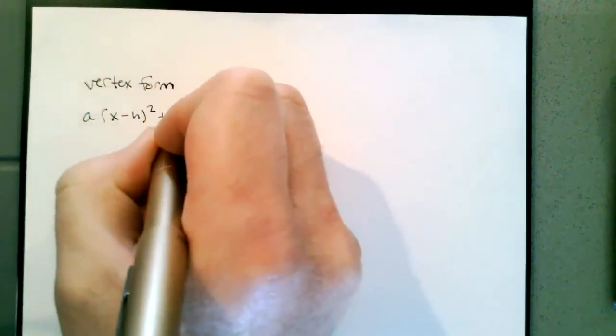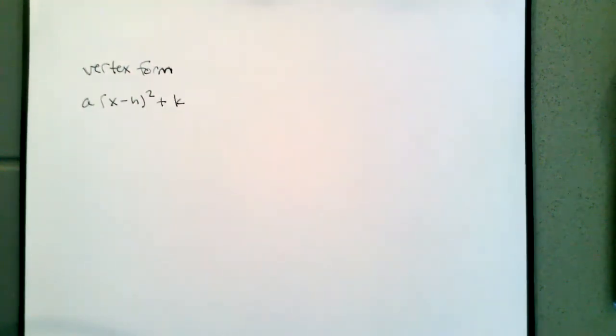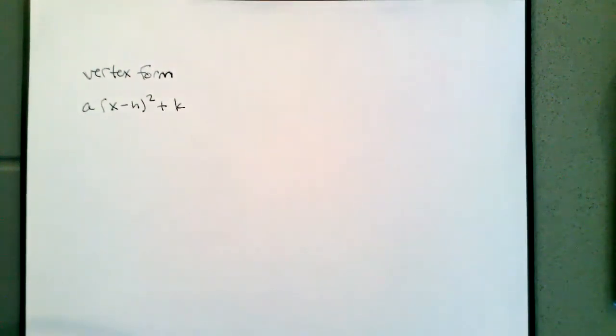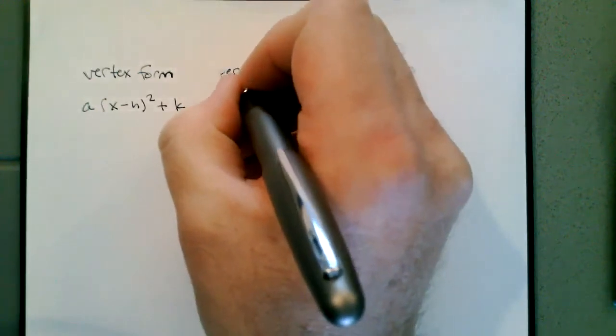So I have a times x minus h squared plus k. And let's just perform the operations that we see in the vertex form.